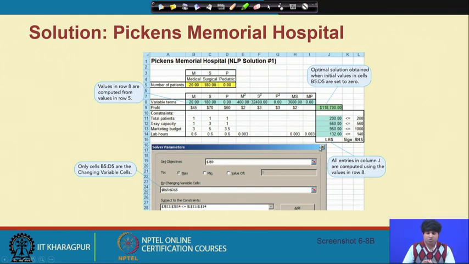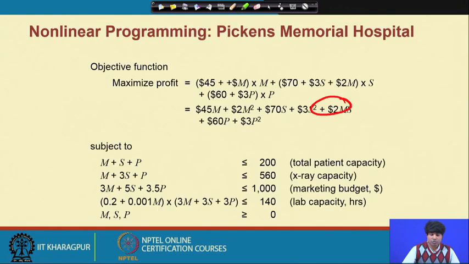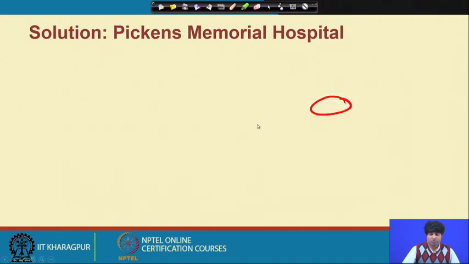This is the value of the objective function, and we are also looking for the values of the decision variables. The values of the decision variables are reported here corresponding to the objective. Let us see here: M squared, S squared, MS, P and P squared, so we have a couple of decision variables.